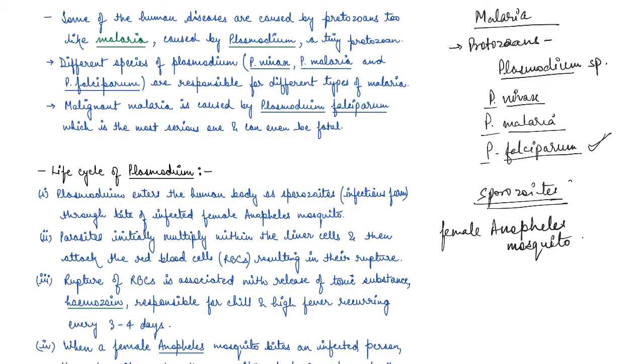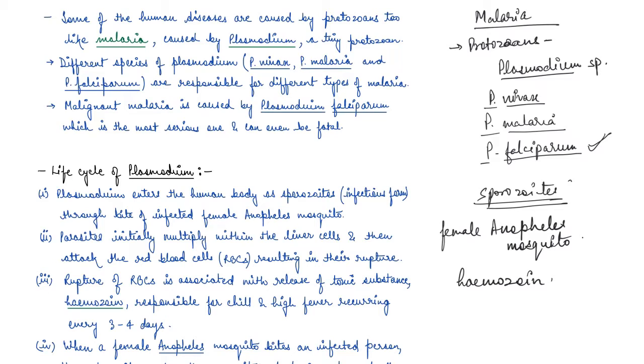multiplies within the liver cells of the human, and then they start attacking the RBCs, the red blood cells, which results in rupturing of these RBCs. This rupture of RBCs is associated with the release of a toxic substance, hemozoin.